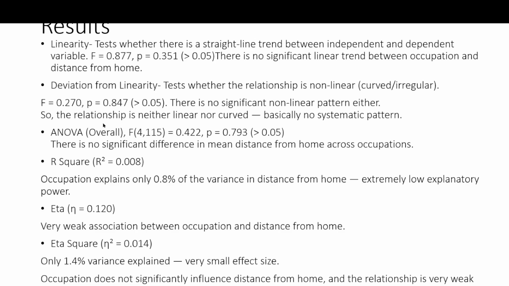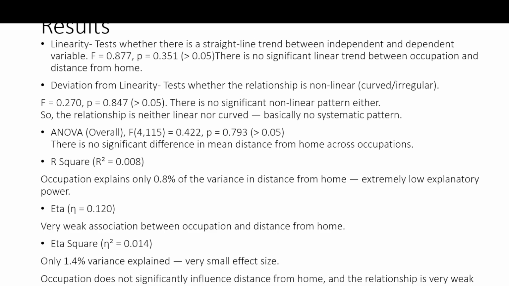Now again its p-value is greater than 0.05, that is 0.847, so we can interpret that there is no significant nonlinear pattern either. So the relationship is neither linear nor curved. Basically, no systematic pattern exists in the relationship between distance from home and the different occupational categories.